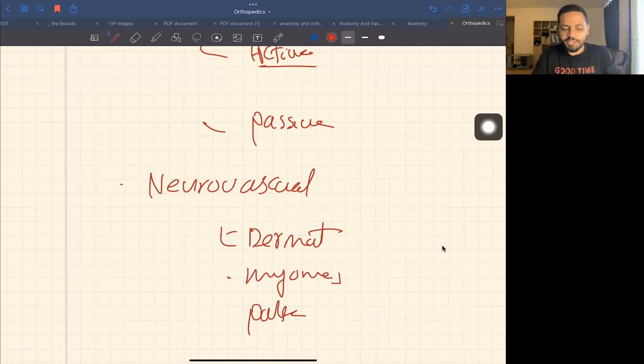Like we mentioned earlier, if you have a femur fracture, distal femur fracture, it will affect your popliteal fossa, and the artery that is at risk of injury is the popliteal artery, which is the deepest structure of the popliteal fossa, if you remember that.